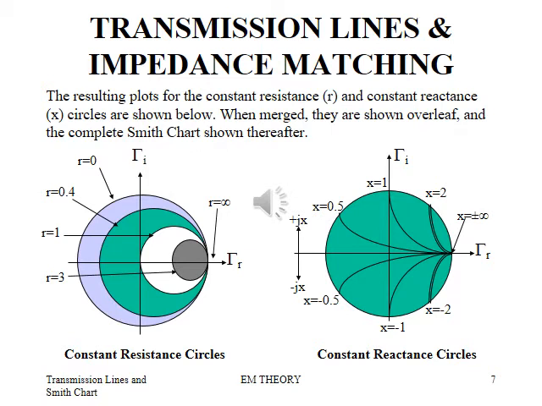Now, when your R is equal to 0, the radius will be 1, because 1 over R plus 1 is 1 over 1. And the center is at gamma R is 0 and gamma I is 0. So gamma R will be centered at 0, while gamma I will be centered at 0.